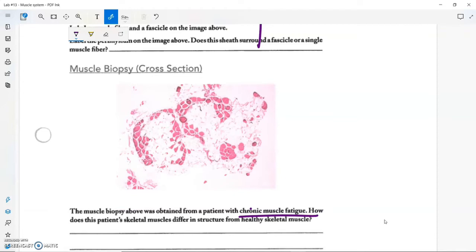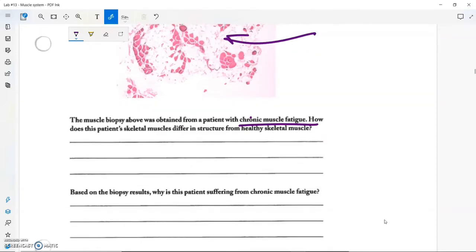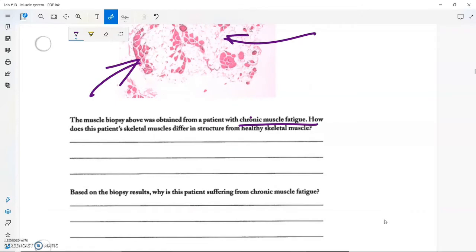You can see that there are very few fibers, and many of the fibers have been replaced by adipose connective tissue, by fat. So no wonder that this patient suffers from muscle fatigue, because little is left of the muscles, and these muscle structures have to work extra shifts to enable this patient to move around.